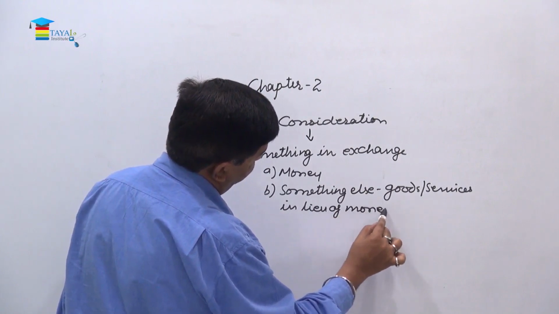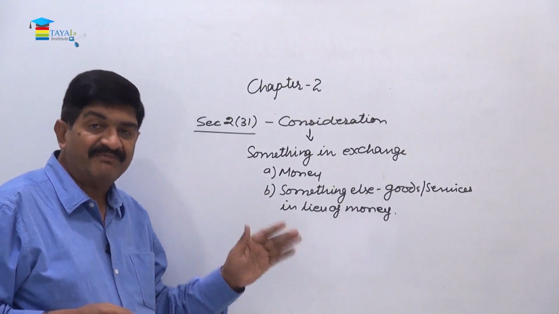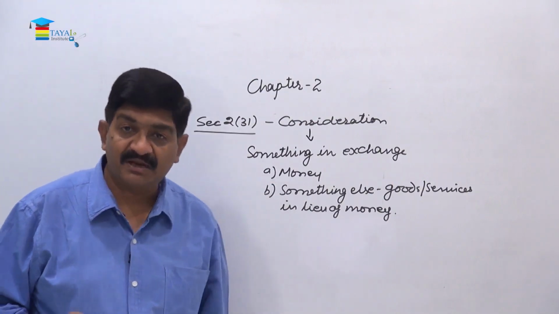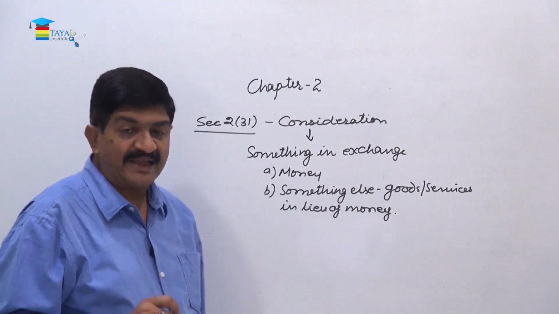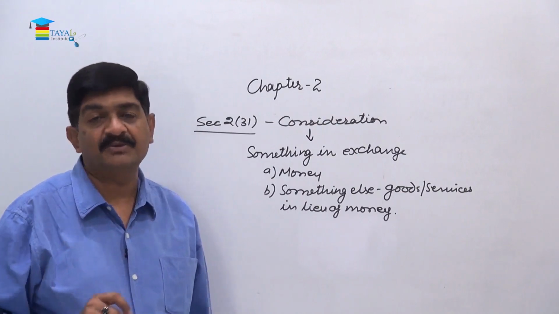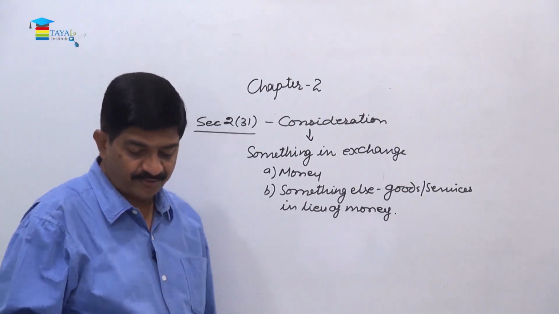Right. So this is not the formal definition, but this is only for understanding the meaning of the term consideration. The next term defined is actionable claims, that is in section 2 subsection 1, and the simple meaning of the term actionable claim is unsecured debts.